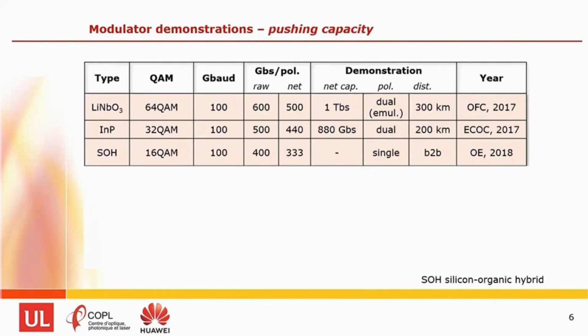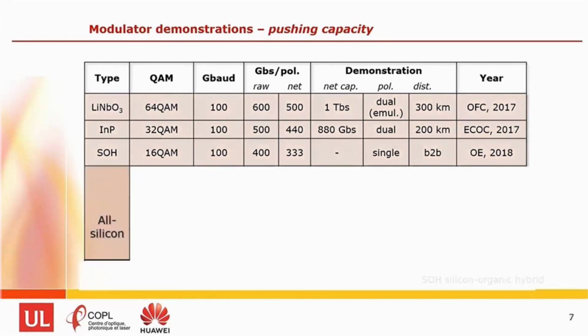So if we look at modulator performance over other processes such as lithium niobate, indium phosphide, and silicon organic hybrid, we can see that the performance has been well established at 100 gigabaud operation at both single and double polarization at various times.